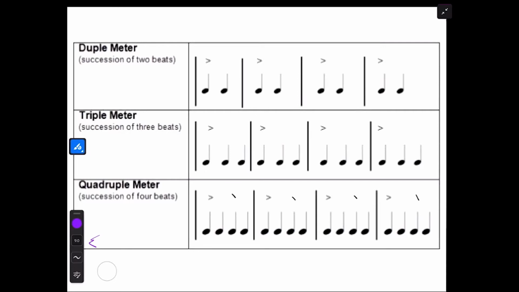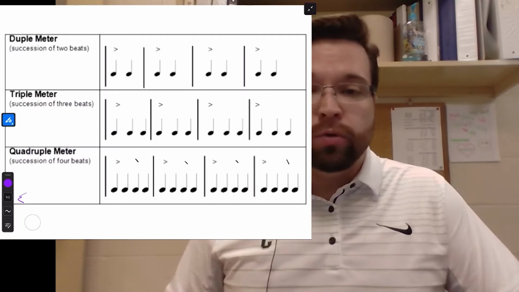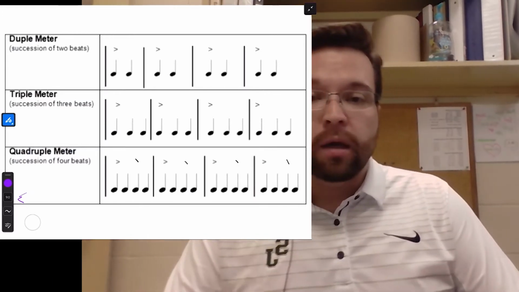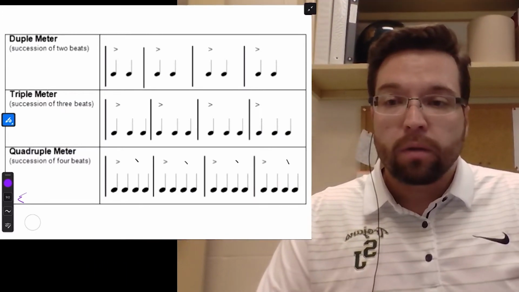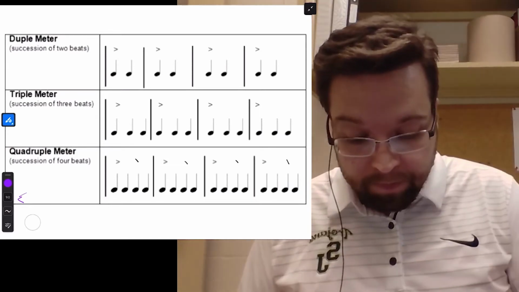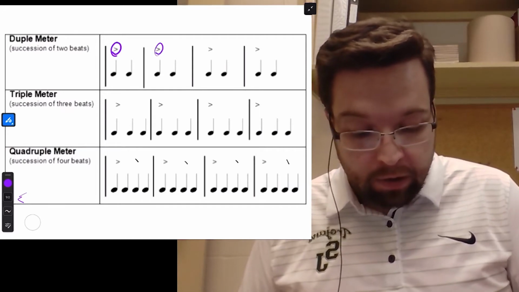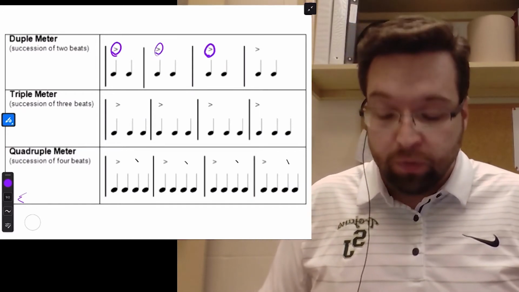And those are indicated or notated by the use of the accent marks. So if you look on the sheet that I have here, the accent marks are above the strong notes, the strong beats, right above those.